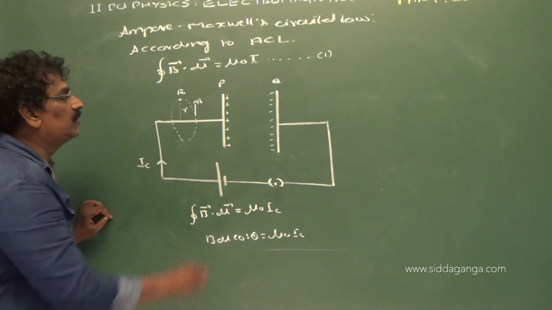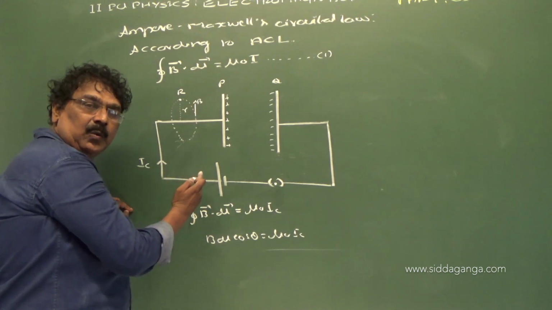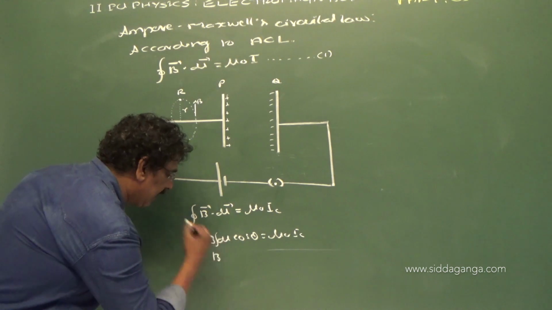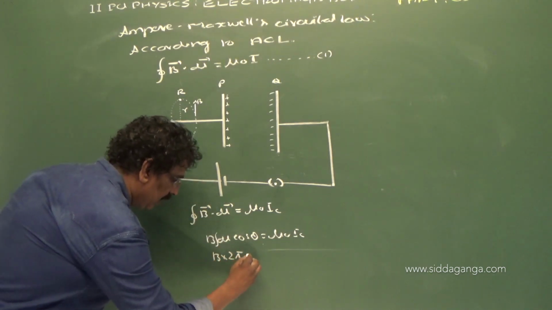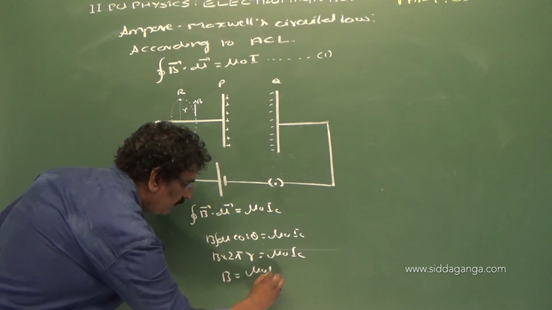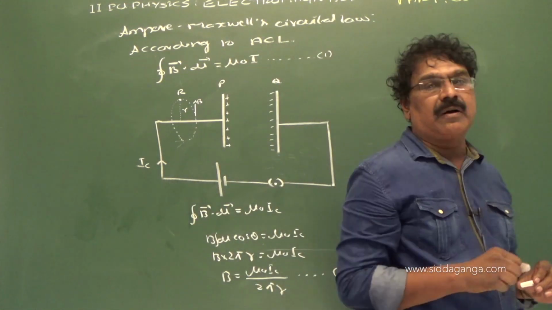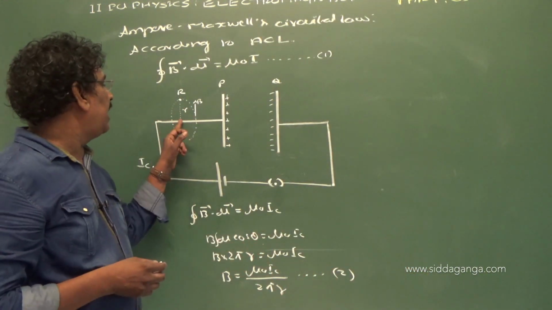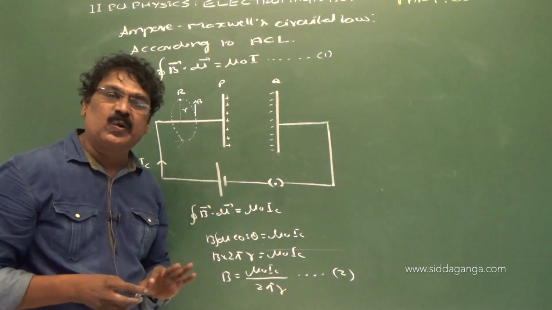As theta is 0 degrees, because the magnetic field is always along the tangent drawn to the loop at that point, that is along the direction of dl, therefore B times integral of dl, with cos 0 degrees equal to 1, and integral of dl equal to the length of the loop, 2 pi r, is equal to mu naught IC. Now B is equal to mu naught IC by 2 pi r. Let us take it as equation 2. So according to equation 2, the magnetic field at point R outside the capacitor is B equal to mu naught IC by 2 pi R.